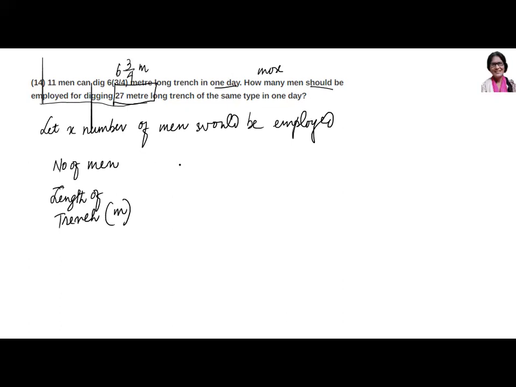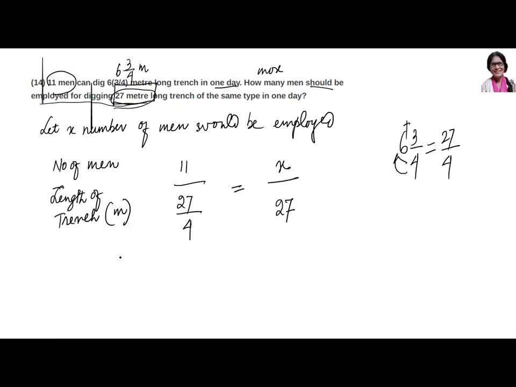First it is given 11 men, and it will be 6 and 3 by 4. Let us make it improper. It will be 24 plus 3, 27 by 4. So 27 by 4 meter, and number of men we don't know, we have written X. Here they will dig 27 meter. So make the ratio equal. Cross multiply. X multiplies 27 into 4 is equal to 11 into 27.